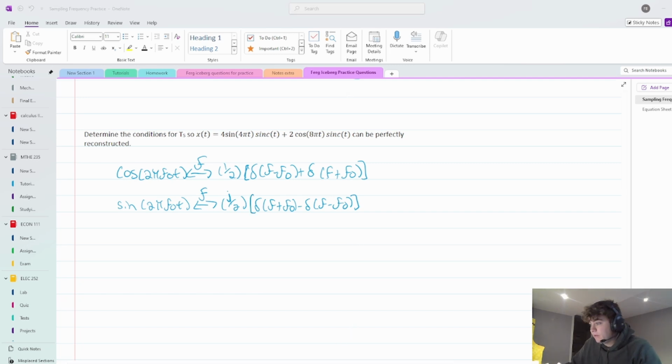And for the sinc functions, you know that the sinc function, with a Fourier transform, will just transform into a rectangle function.